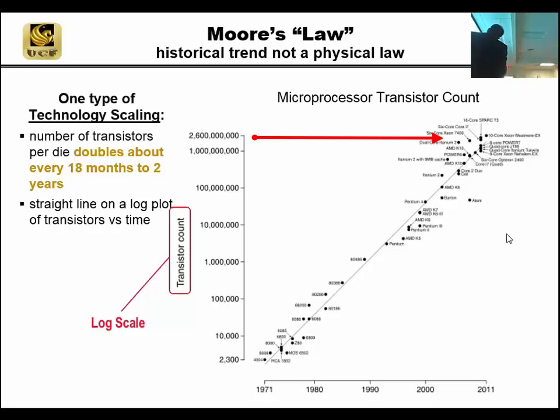So the point is that we're doubling at a constant rate. Again, anytime you have a graph where this is time here and this is log and it's a straight line, you're doubling at a constant rate. That number of transistors per chip and die. What's the difference between chip and die?